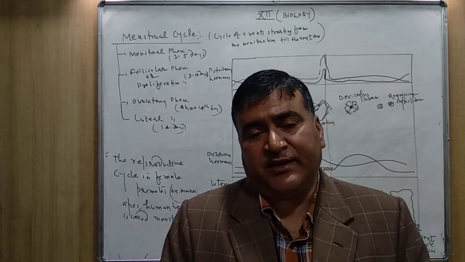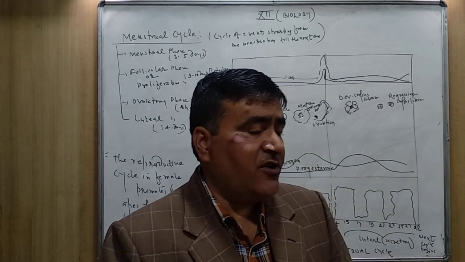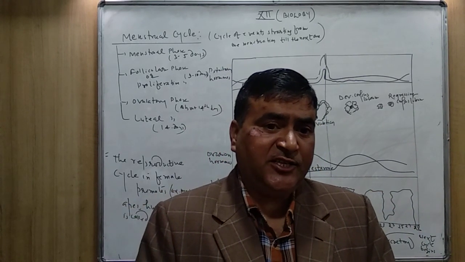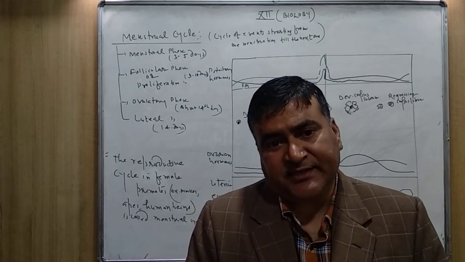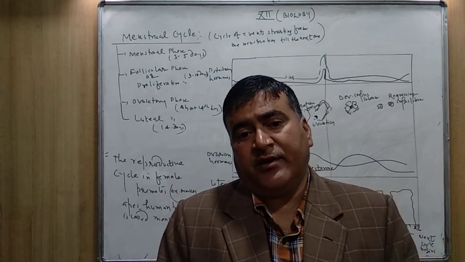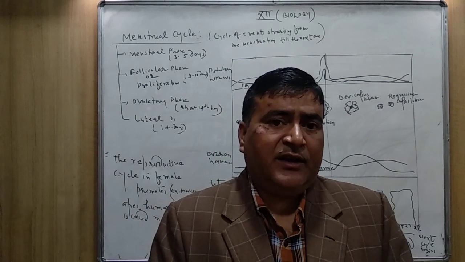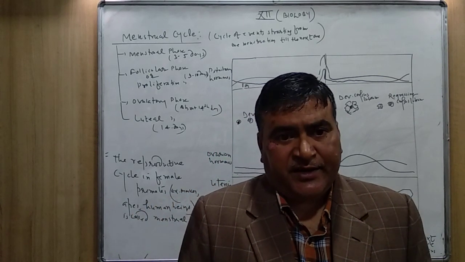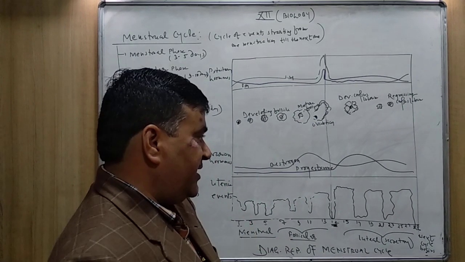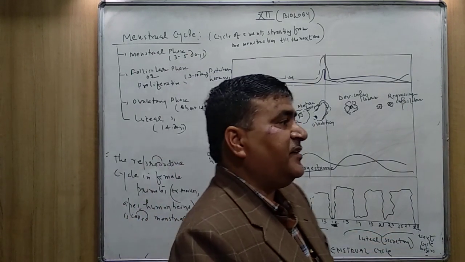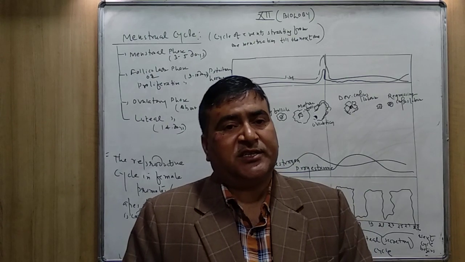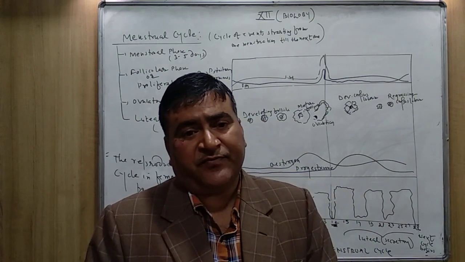That's why it is said not all copulation leads to fertilization or pregnancy. If copulation takes place in the safe period, in the early proliferative phase or late luteal phase, the chance of fertilization is not there.